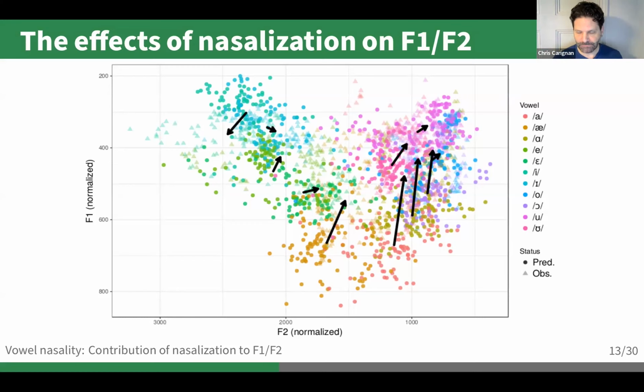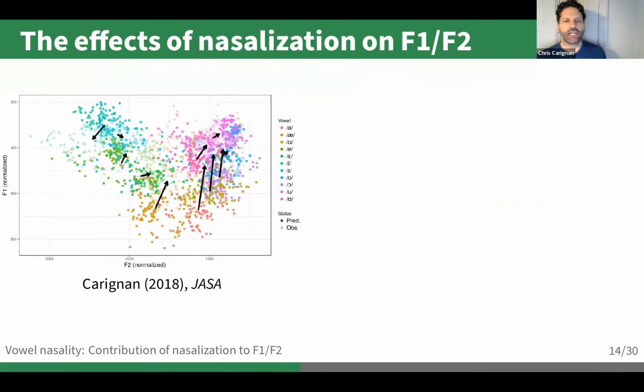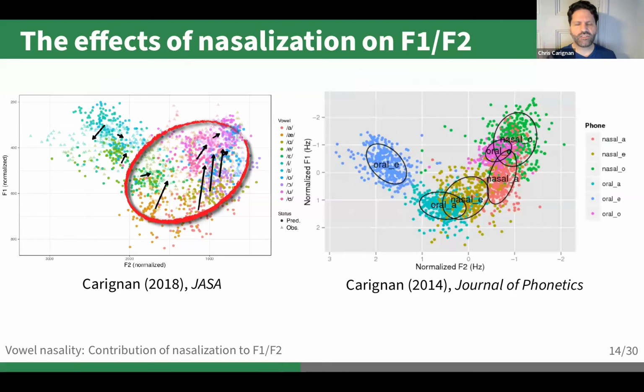Okay. Now, what was really interesting about this is that I said, now hang on, this looks kind of familiar, especially this part of the vowel space looks super familiar to me. Actually, I'd seen something similar in my PhD thesis. So this is an article that came out of my PhD thesis, and in that I looked at the articulation and the acoustics of oral and phonologically nasal vowels in French.